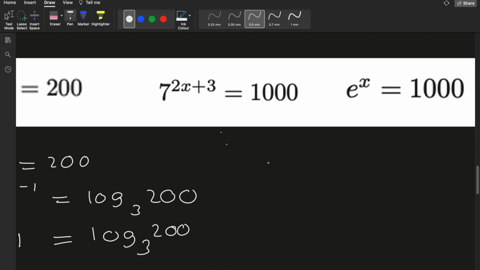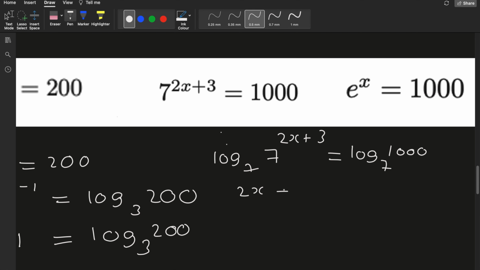Now let's look at the next example. We could do the same here, except apply log base 7. So log 7 to the power of x plus 3 base 7 equals log 1000 base 7. That leaves us with 2x plus 3 equals log 1000 base 7.